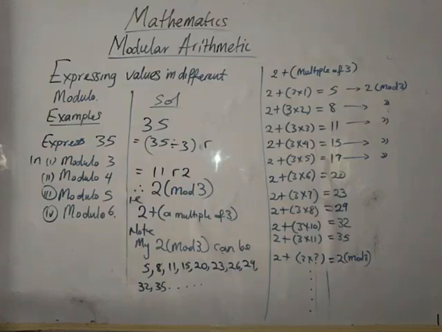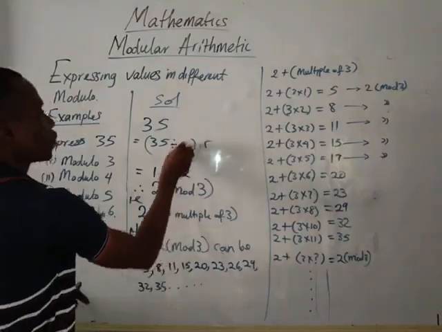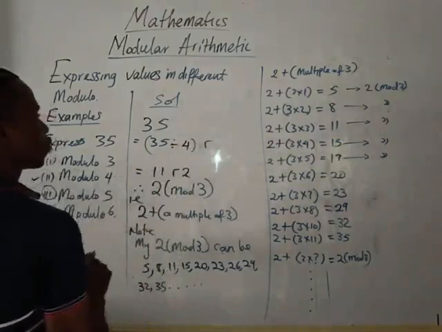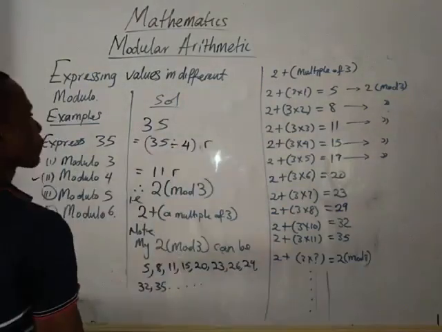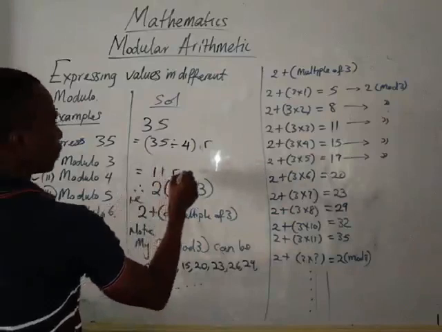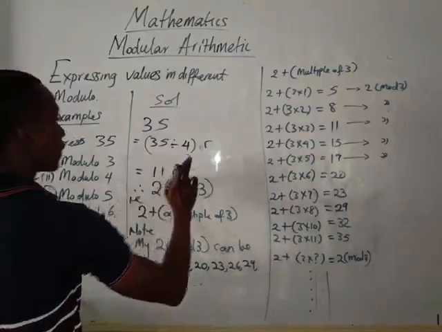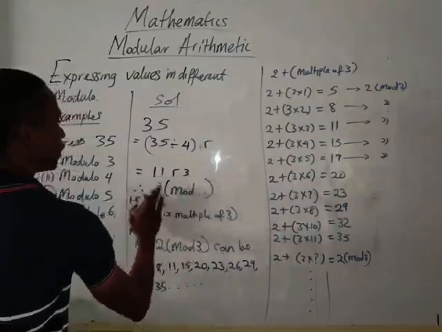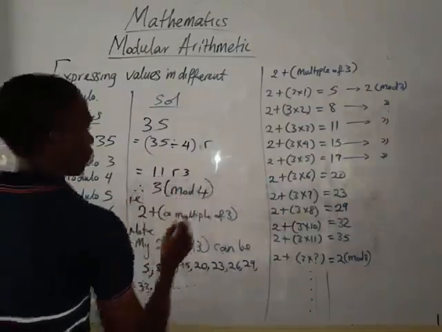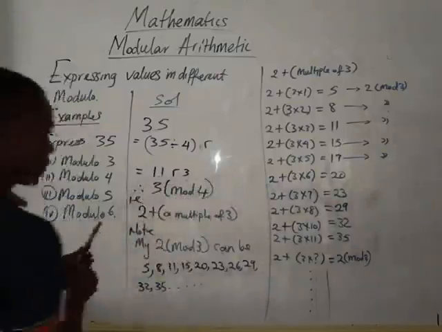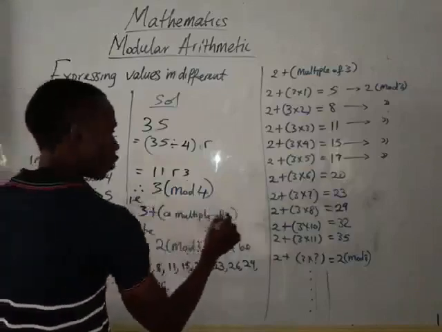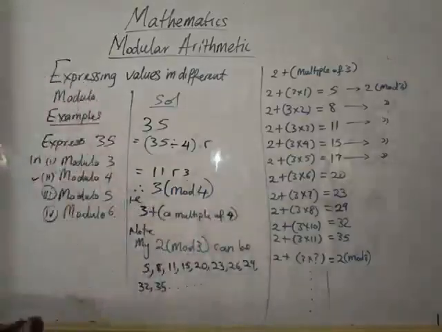Now let's go back to see the same expression as modulo of 4. If I'm to consider the modulo of 4, I'll be dividing by 4. So if I had 35 divided by 4, that will give me 8 remainder 3. So here I'll be having 3 modulo 4. So in this case, I'll be having 3 plus a multiple of 4 to give me 35.